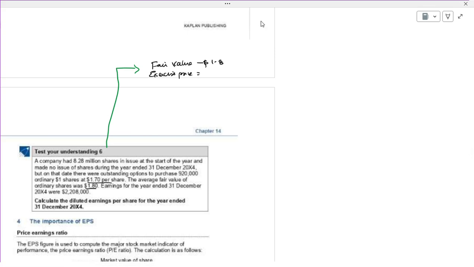Exercise price is how much? They can get it at what rate? 1.7. Okay, they can get it at what rate? 1.7. Okay.